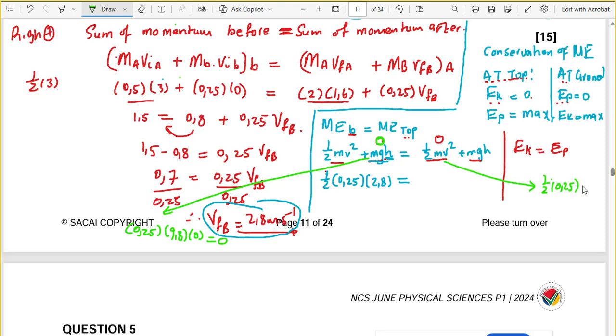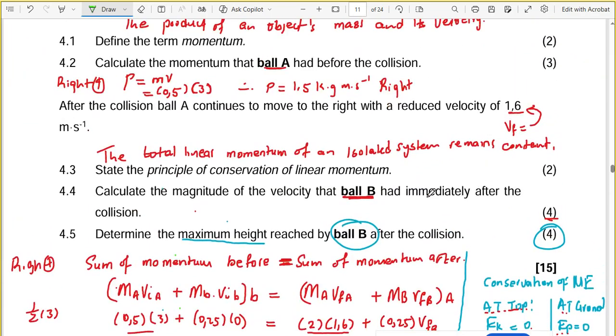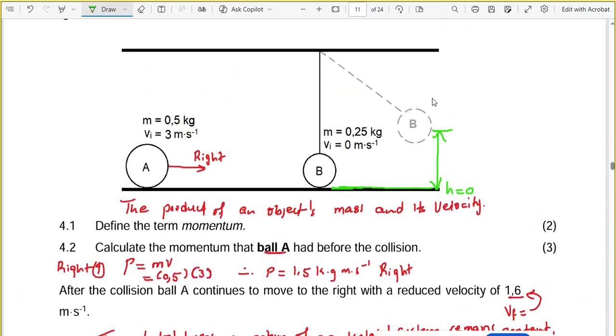At the top, the velocity of ball B is going to be 0, because it's going to reach maximum height. It's going to stop, where the V final will be 0. And the V initial is 1.6. Please don't say it's 0.